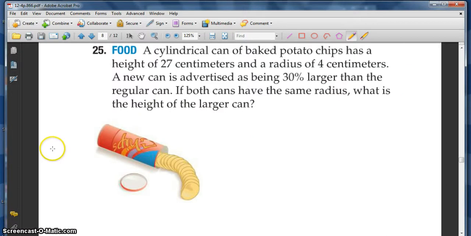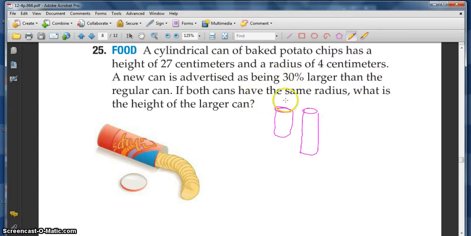Number 25, a cylindrical can of baked potato chips has a height of 27 centimeters and a radius of 4 centimeters. A new can is advertised as being 30% larger than the regular can. If both cans have the same radius, what is the height of the larger can? So we have the same radius for both of these cans, and one is just taller than the other.